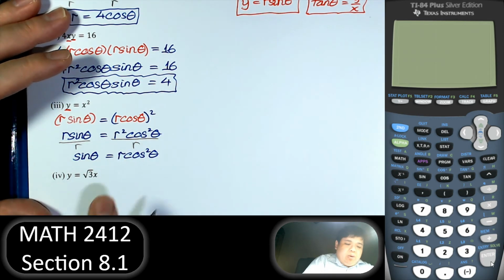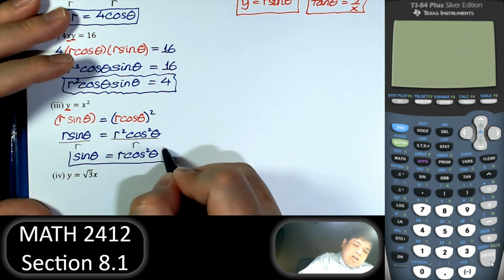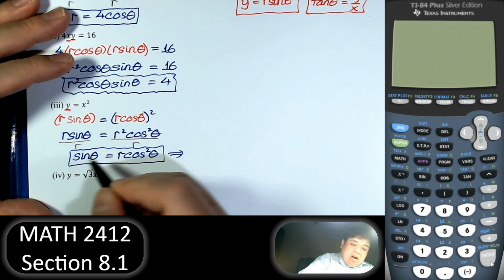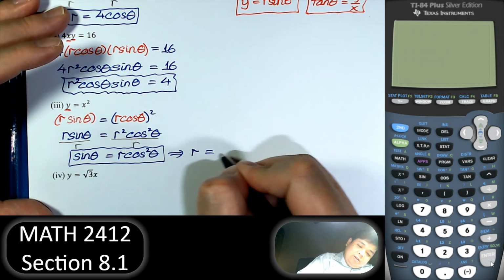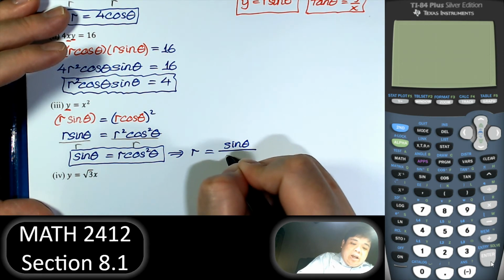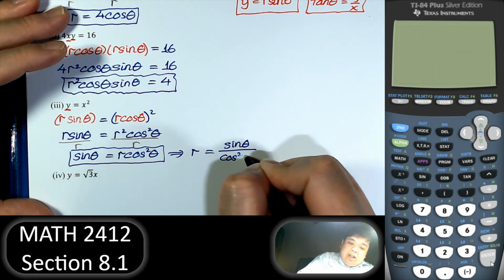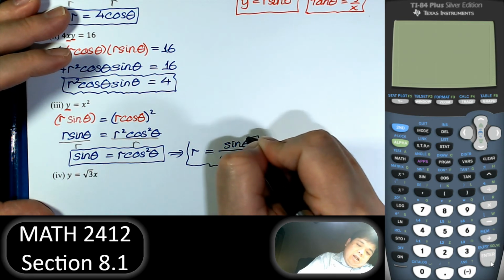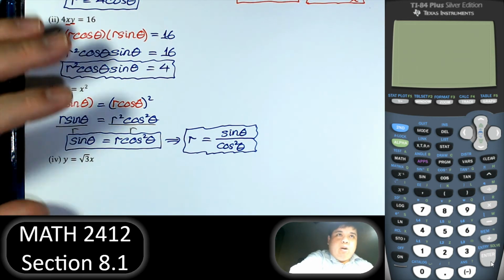If we want to, we can just stop at this equation. Or if we want to, we can just divide by cosine squared. Either way, we will have an equation in terms of just r and theta, meaning in polar form, right?